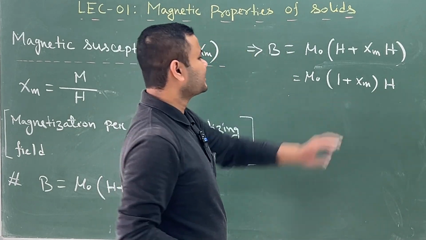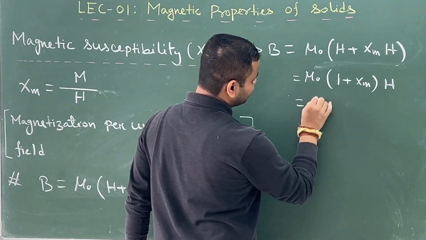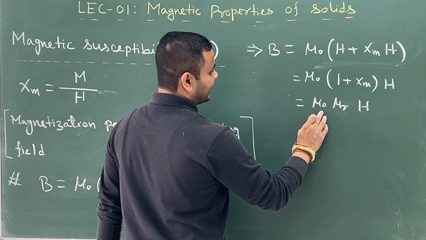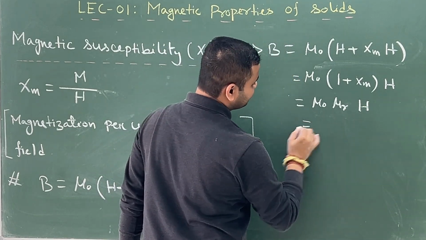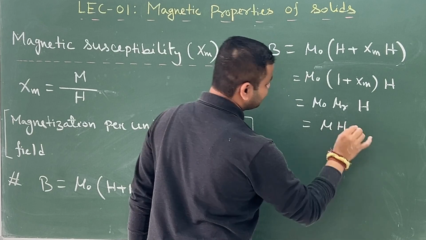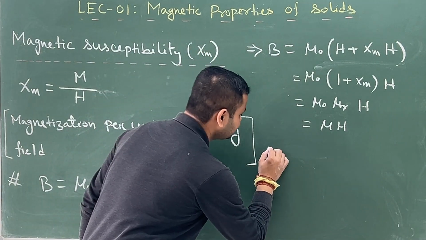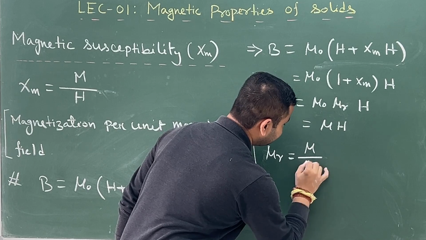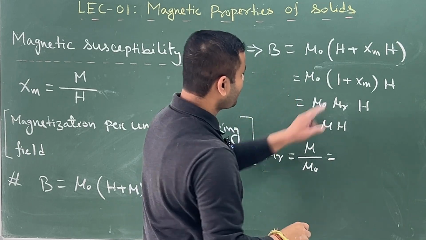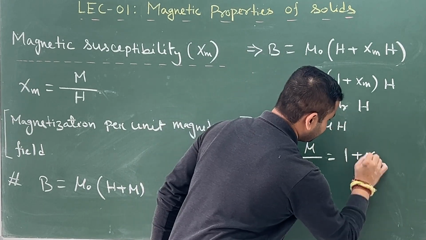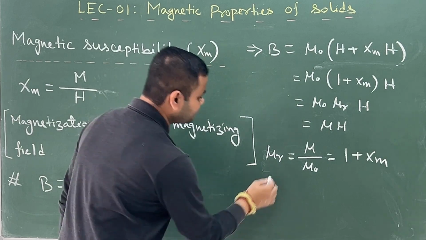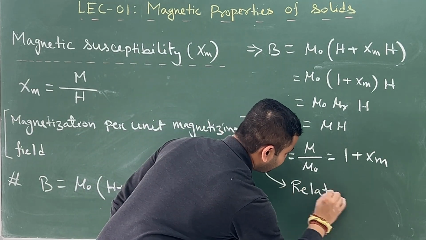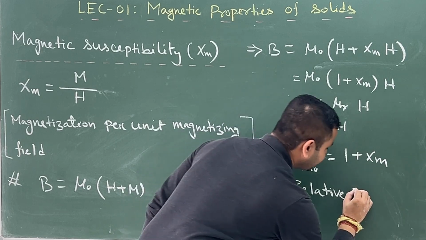This 1 plus xi m is denoted by mu r, and this product is written as mu into H. Here the term mu r is equal to mu divided by mu naught is equal to 1 plus xi m is known as the relative permeability.